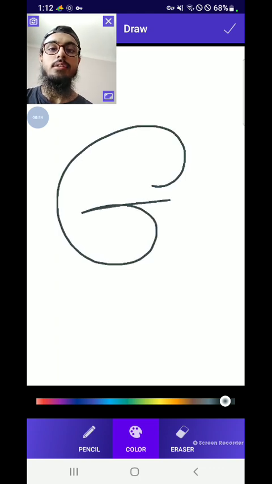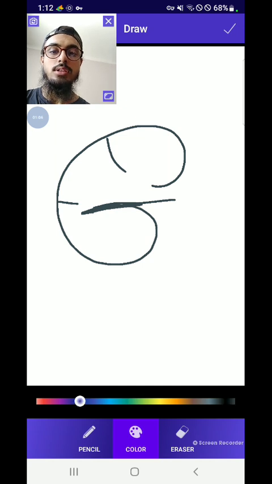This is our brain. This is the central sulcus, this is the parieto-occipital sulcus, this is the lateral sulcus. Just inferior to the lateral sulcus, there is an area which is called the primary auditory cortex.